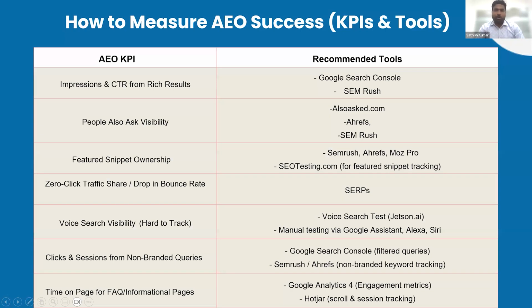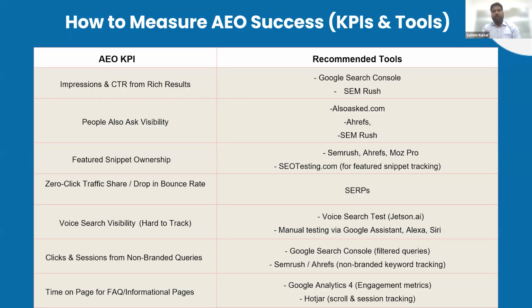Some of the KPIs we look for are impressions and click-through rates from featured snippets or rich results, which you can track from tools like Google Search Console or SEMrush. You can see how many people are clicking on your rich snippets.